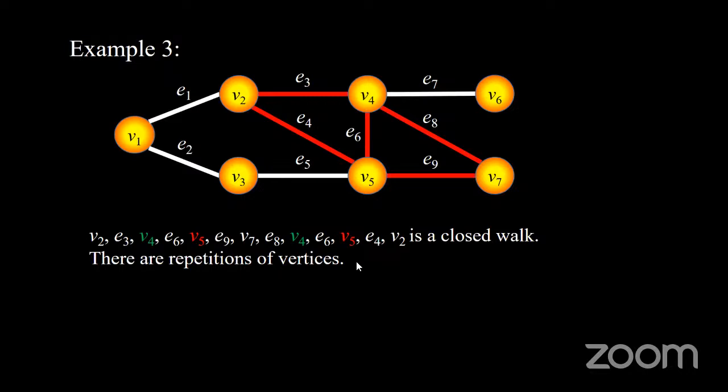So this one is not a cycle because there are two vertices that are repeated. Then this one is also a closed walk, but E6 is repeated, so it is not a sequence.